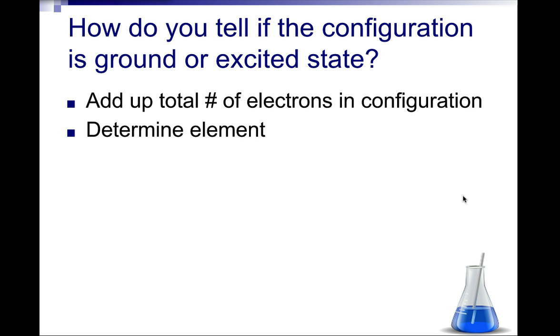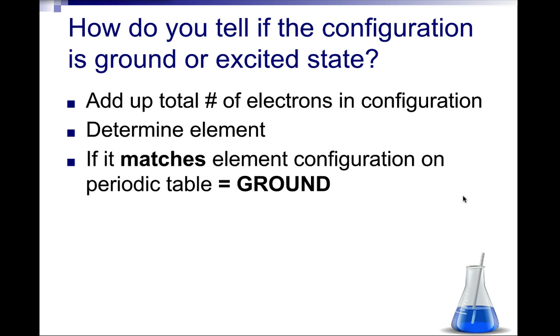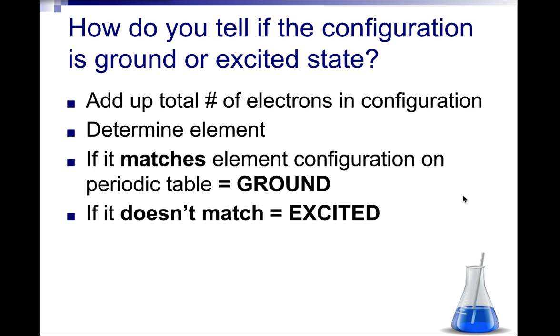You will then use that number to determine your element. If it matches the numbers, such as 2-8-1, then that is the ground state electron configuration for that particular element. If it does not match, then it would be considered in an excited state.